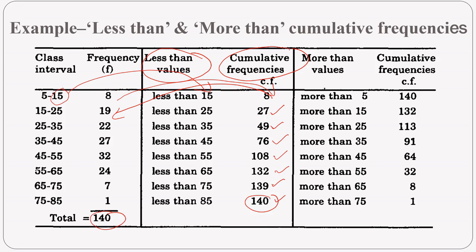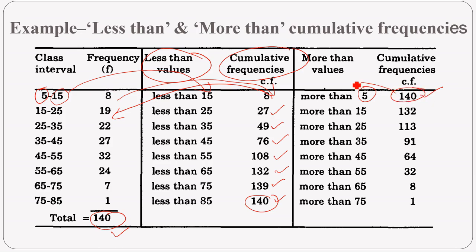Then in more than, you need to take the lower limit value. Start with more than 5. Similarly, whatever is there up to 75, we need to take. Now, here, we need to take the total. Can you see here the total frequency? 140. So we have to start from 140. After getting 140, 140 minus, you have to see the frequency here.